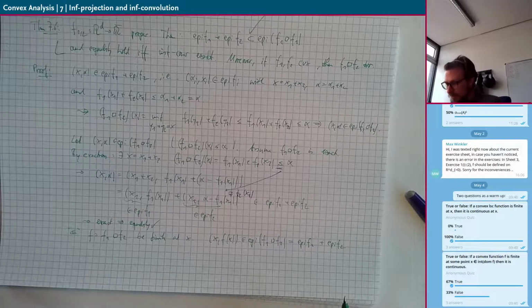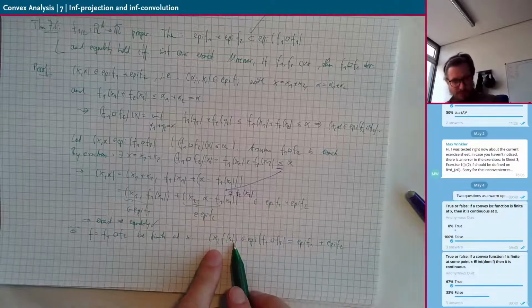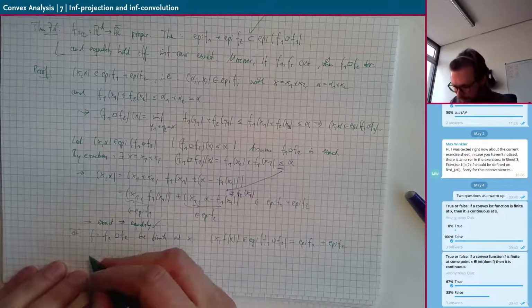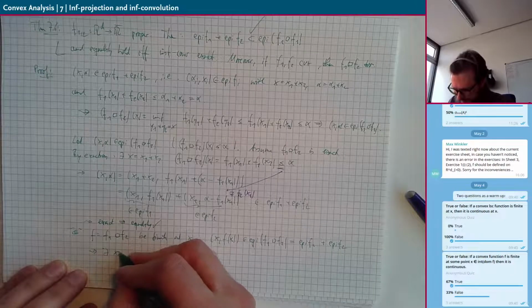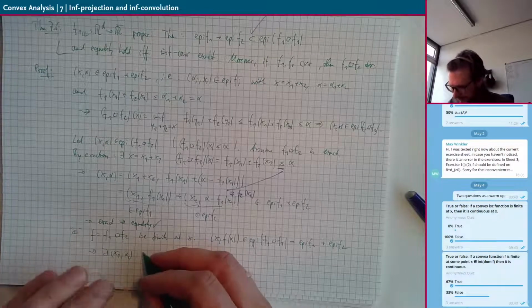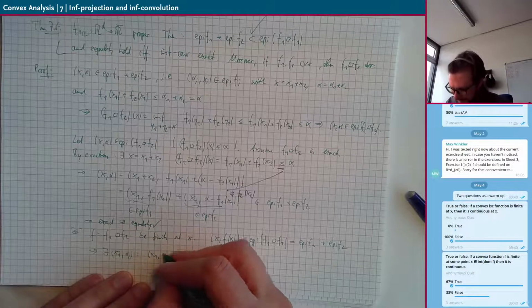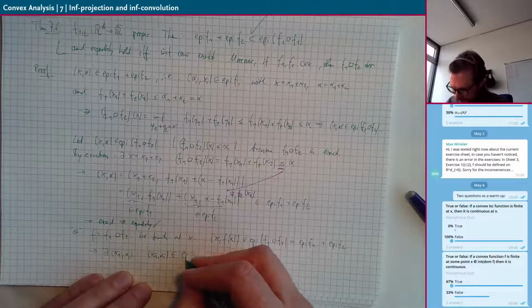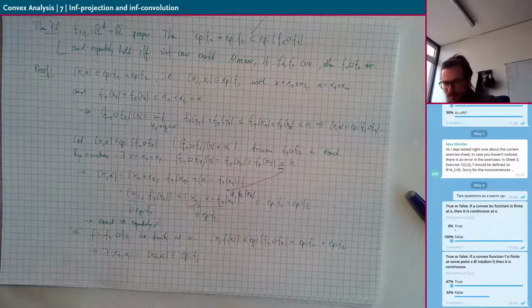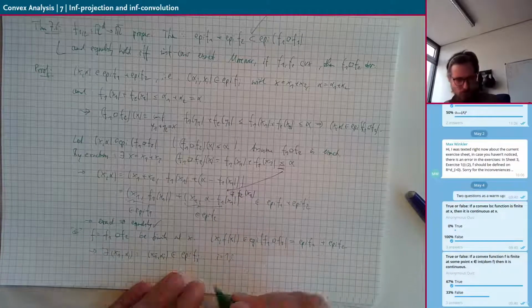So this is in the sum of these sets, which means we can decompose it: there exist (xi, alpha i) such that (xi, alpha i) is in the epigraph of fi, of course for i equals 1 and 2.